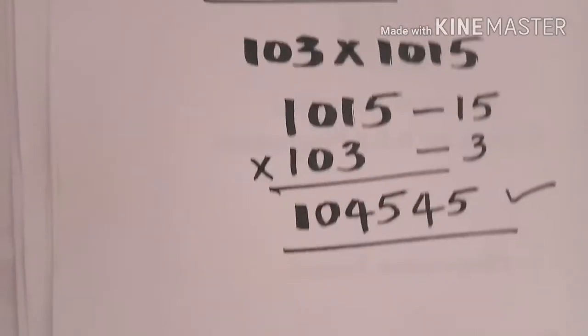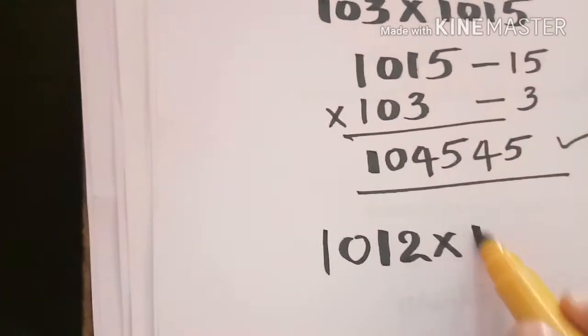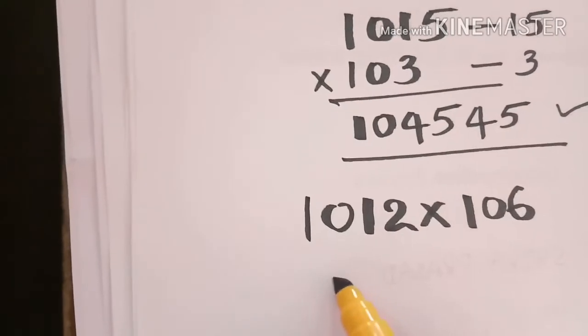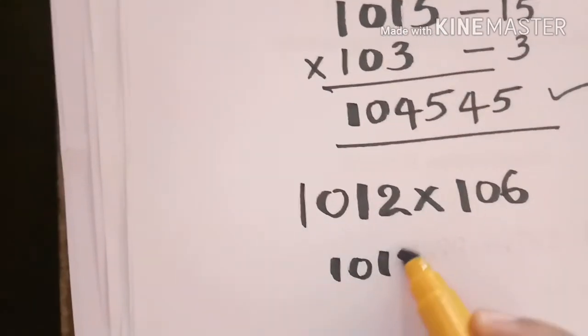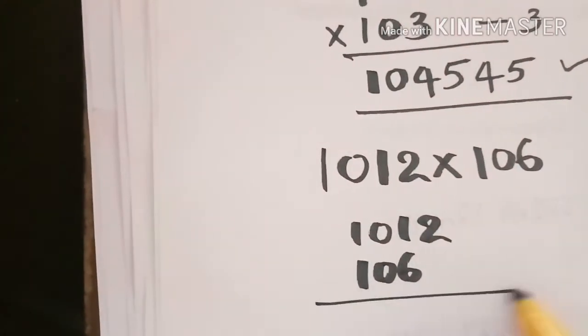Just more examples also, I'll write, observe. If you follow this kind of problems, you can do very easily. 1012 is multiplied with 106. It is a somewhat different problem, right? It is also very easy to do the calculations once you observe. Again I'm going to write 1012 and then 106, correct?